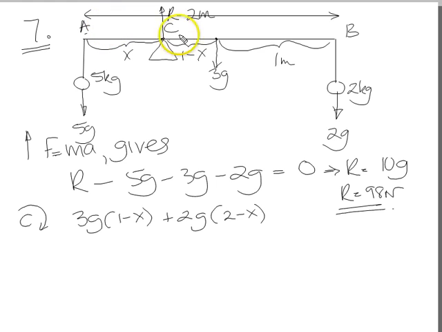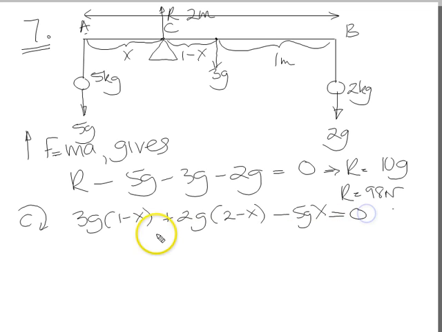And then we're looking in the clockwise, so this is anti-clockwise, so you've got minus 5g times the x. There we are, that's that force, and that force. The R goes through the point itself, so that won't affect the problem, it'll be 0. So that equals 0 then.